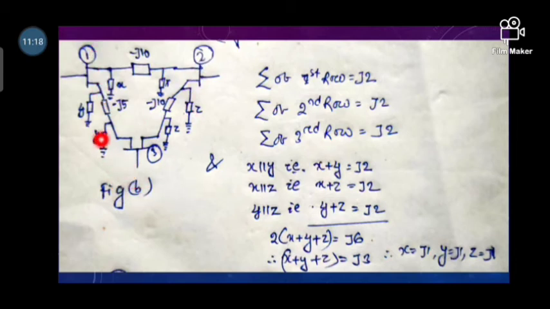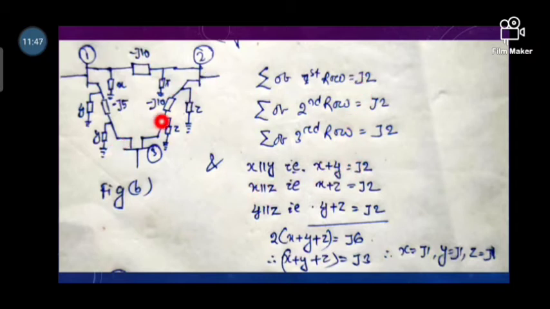So total x plus y. Why are we adding x plus y? Because if they are in parallel, the admittance in parallel is adding both admittances, but for impedance in parallel it is not adding, that is z1 into z2 divided by z1 plus z2, but in the admittance case they are added to each other. So x plus y is equal to j2.